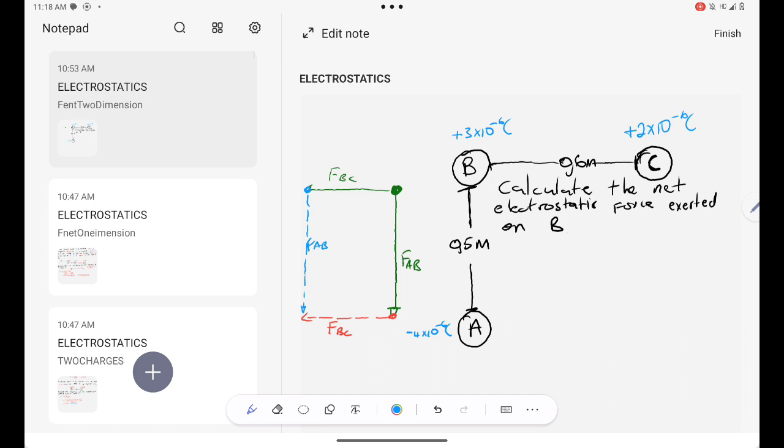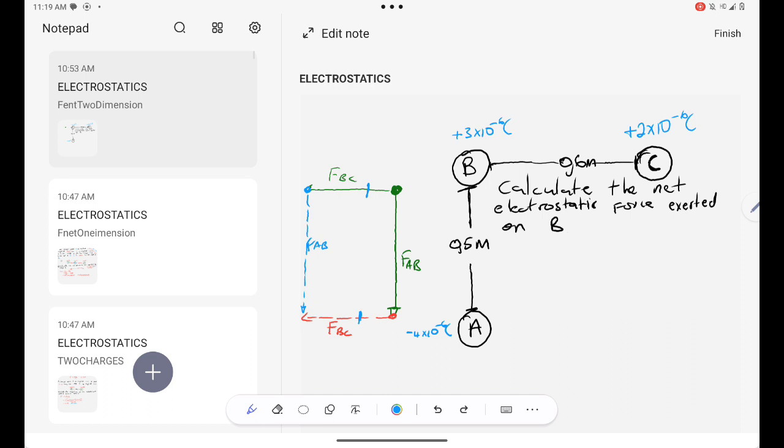Because opposite sides of a parallelogram are equal and parallel. So this force is equal to this force, both in magnitude and direction. That force is equal to that force, both in magnitude and direction.